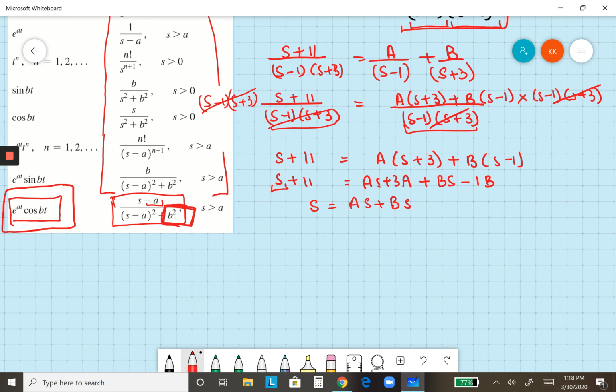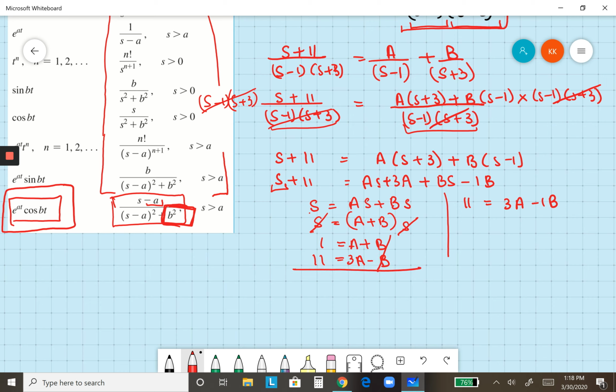We take the s's together, so s equal to (A plus B) times s, and we can get rid of the s. It is 1 equal to A plus B. And we can do a similar thing with 11 equal to 3A minus B. So we can solve for A and B since we have two equations and two unknowns.